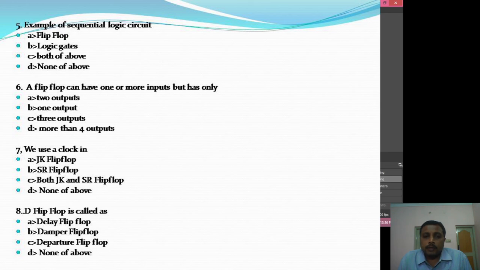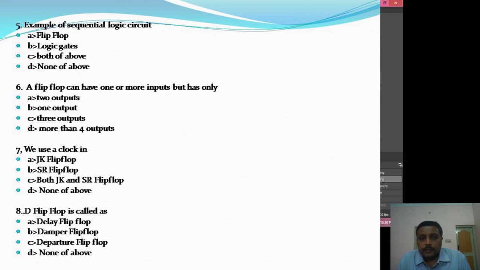Sixth one: a flip-flop can have one or more inputs but has only 2 outputs, 1 output, 3 outputs, more than 4 outputs. The answer is 2 outputs. As I already explained, a flip-flop can have one or more inputs but 2 outputs, one is the normal state and one is the inverted state, that is Q and Q bar. So the answer is A.